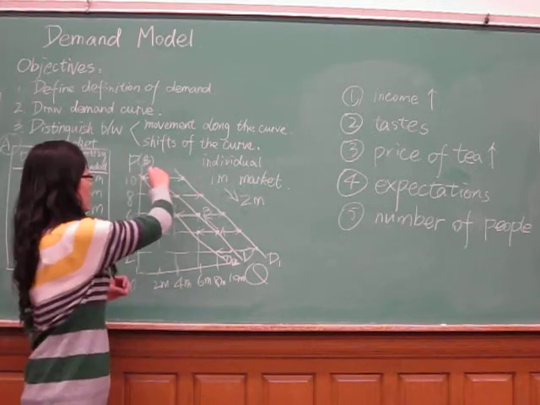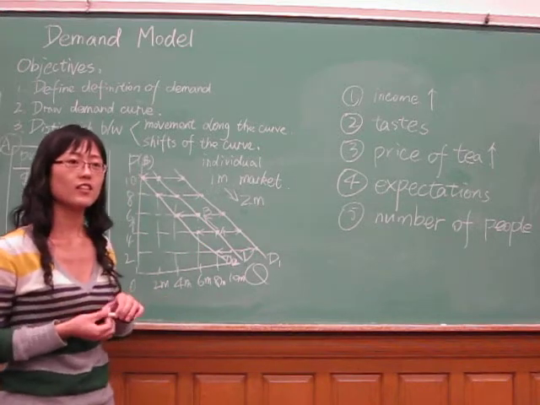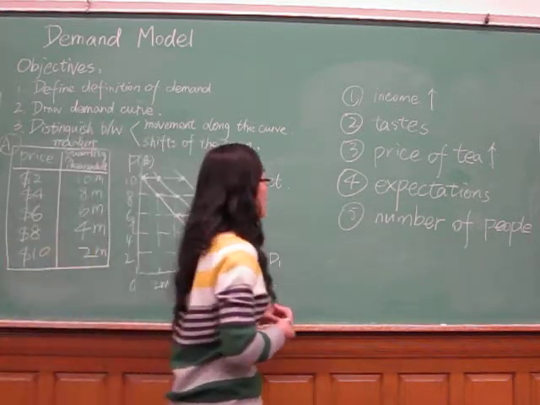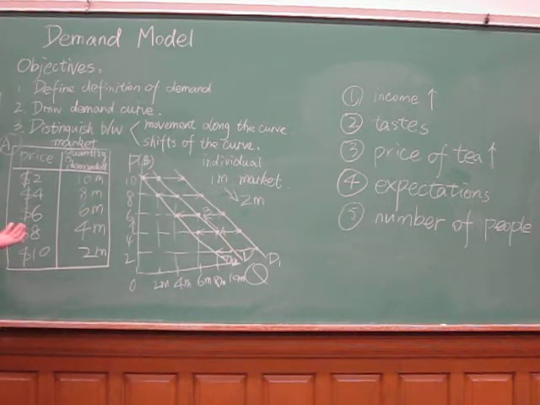So when the overall demand goes up, the demand curve shifts to the right. Is that clear?